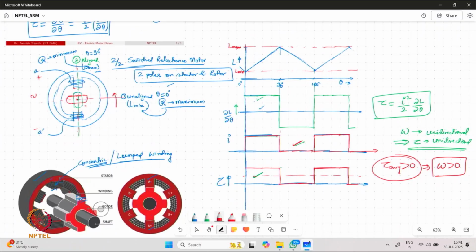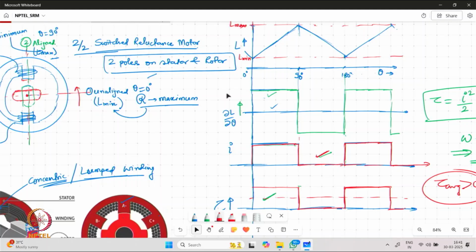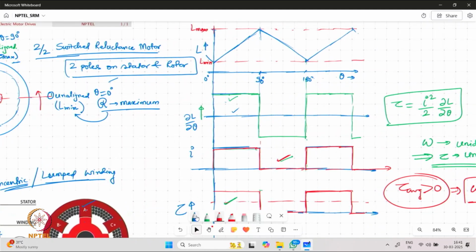Now, because of the structure of the machine, the structure of the poles and how we have the design for the machine, we may have a more uniform, more smooth curve for the inductance. It may not have a triangular structure, but a more uniformly changing waveform.